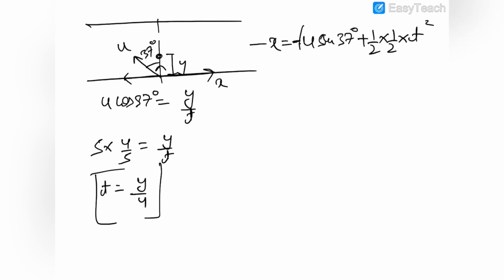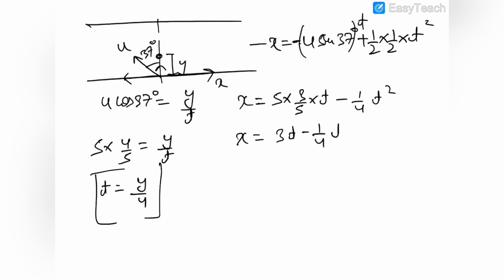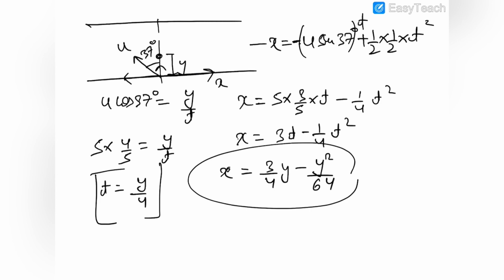So x will be equal to, u is 5 and sine 37 is 3 by 5, into t, minus 1 by 4 t square. So x is equal to 3t minus 1 by 4 t square. If we substitute the value of t, then it would be x equals 3 by 4 y minus y square by 64. So this is the equation of trajectory.